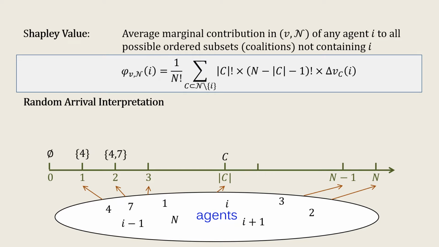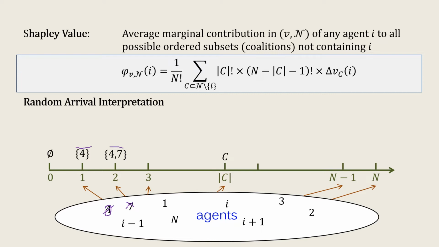Suppose at random in the first time instance, we pick agent 4 from the agent pool. It's removed from the agent pool and the coalition is {4}. Then suppose at the next time instance 2, we randomly pick 7 from the agent pool. It's removed from here, and the new coalition becomes {4, 7}.